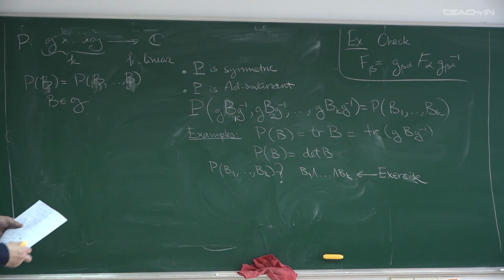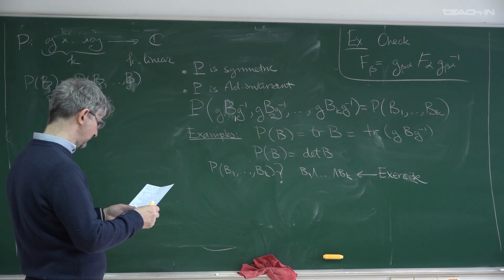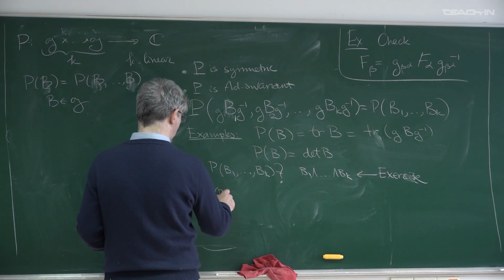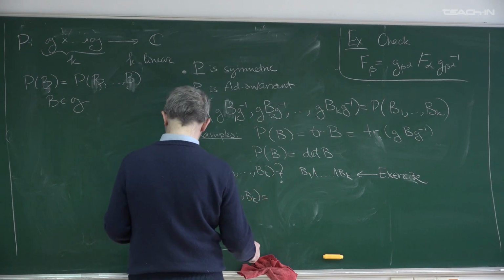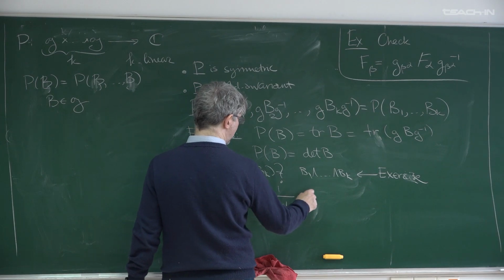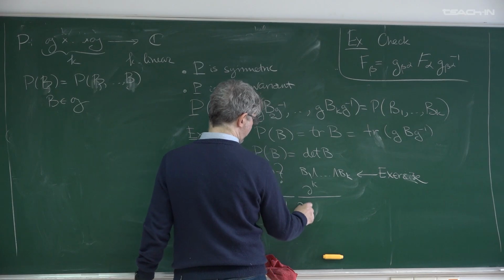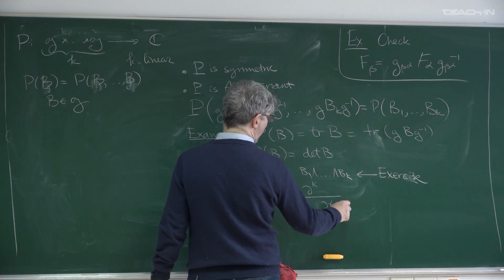Actually, there is a polarization identity. I will write it here. If you want to know the value of this thing, it can be calculated in this way: 1 over k factorial, then you take a bunch of derivatives, dt1 through dtk, of what?